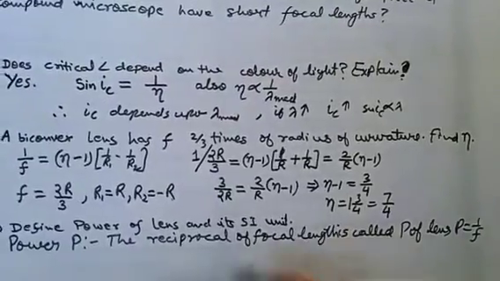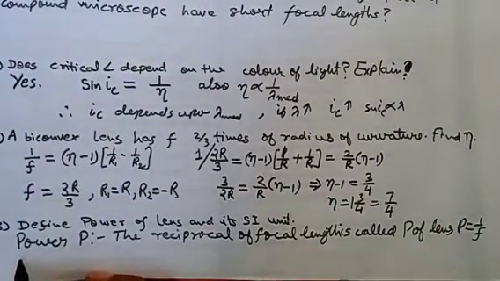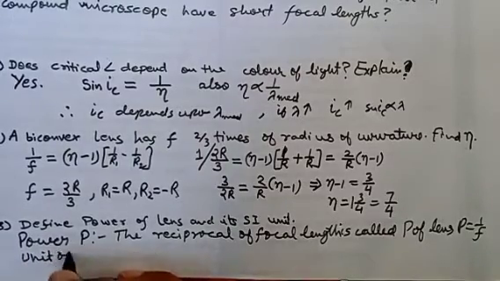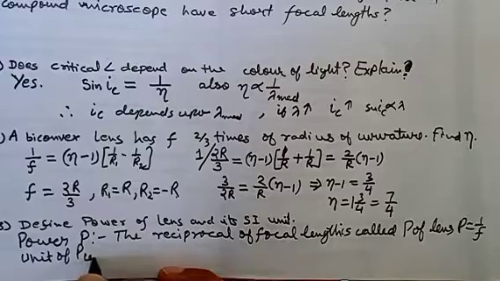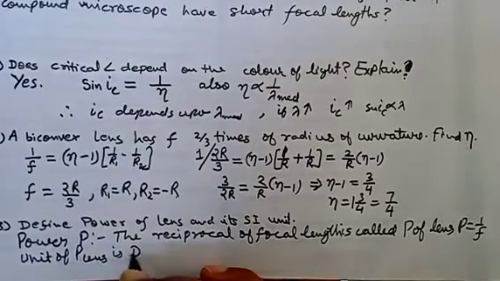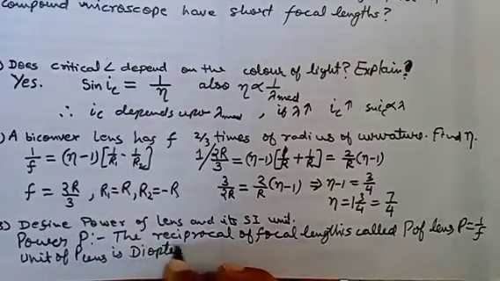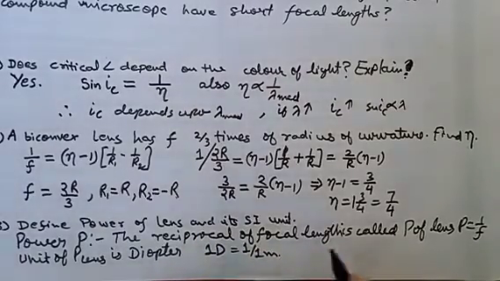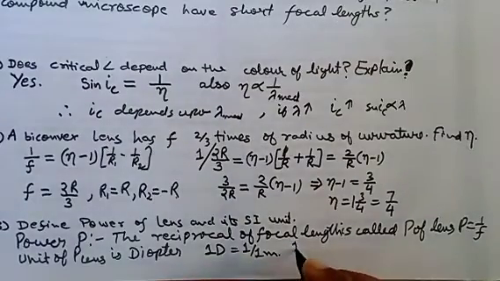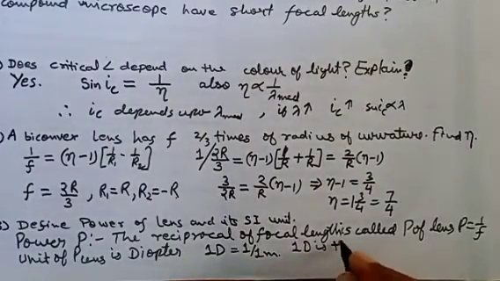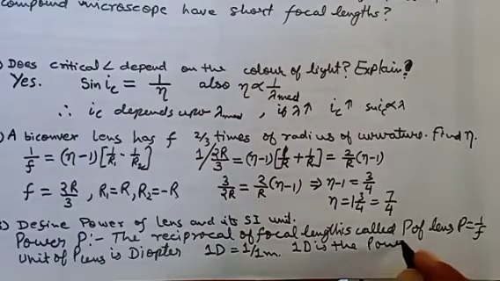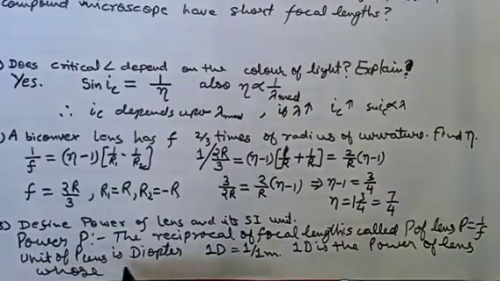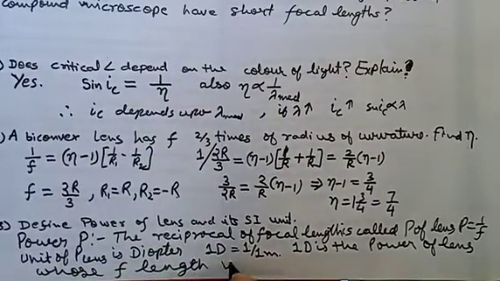And its unit is diopter. Unit of power of lens is diopter, and 1 diopter equal to 1 upon 1 meter. 1 diopter is the power of a lens whose focal length is 1 meter.